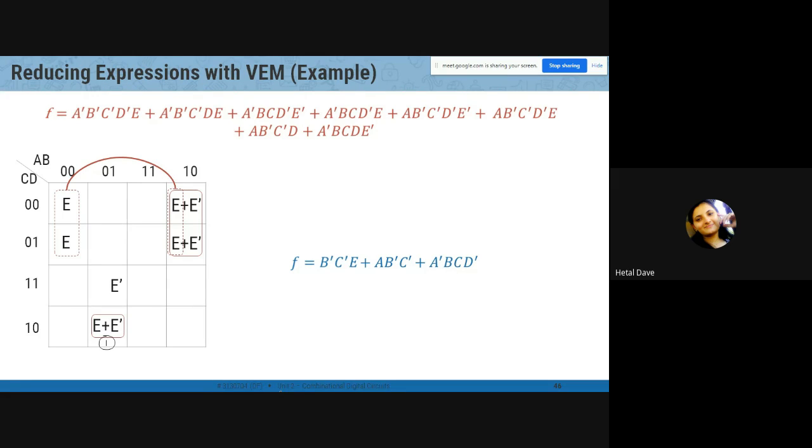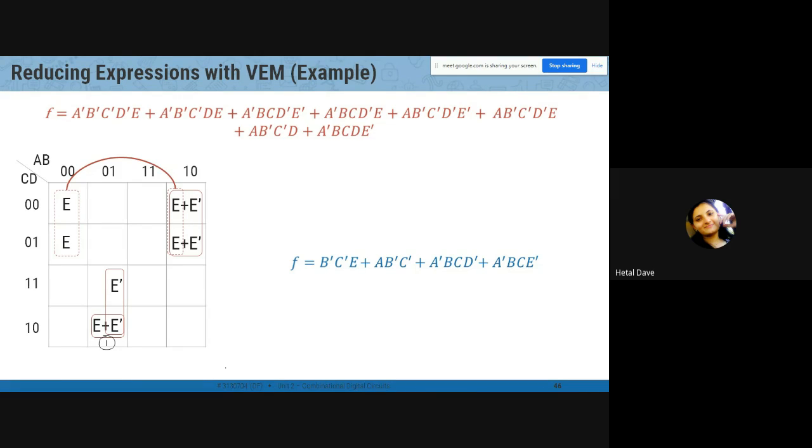And the last group, this E dash will be covered with this E dash. The equation will be A bar, B, C, E bar. D is cancelled here. Now all E are covered here.